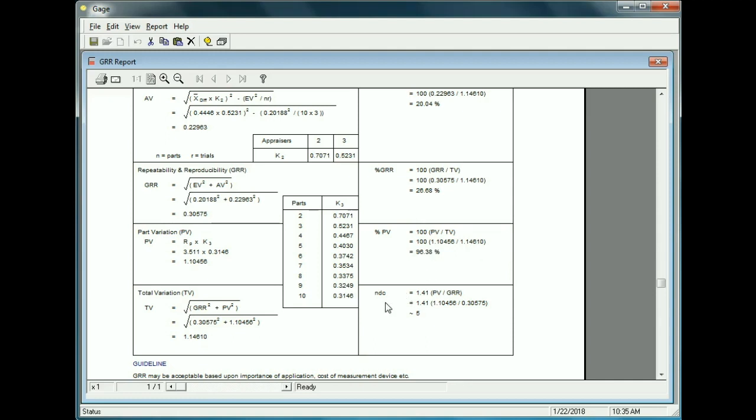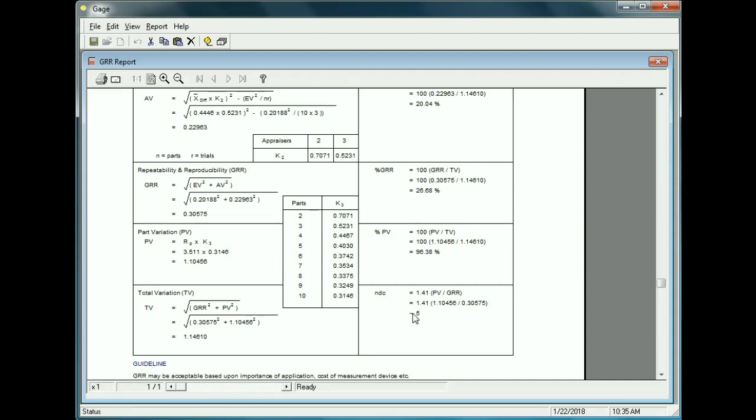And finally, we calculate something called number of distinct categories, or NDC, which is the part-to-part variation divided by the error due to measuring, which is termed Gage R&R. So the standard deviation for Gage R&R is in the denominator, and that comes out to be approximately 5.